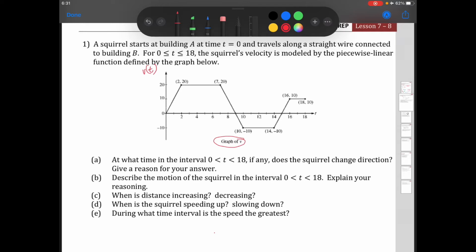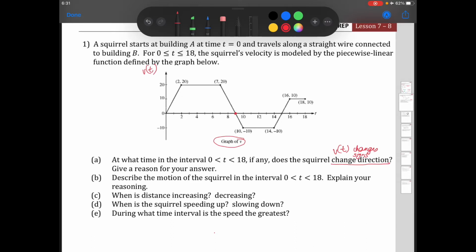Part A: at what time in the interval from 0 to 18, if any, does the squirrel change direction? So when does a squirrel change direction? When my velocity changes signs. So I always like to go back to your definition. The definition helps you find the answers to these questions. So where is velocity changing sign?